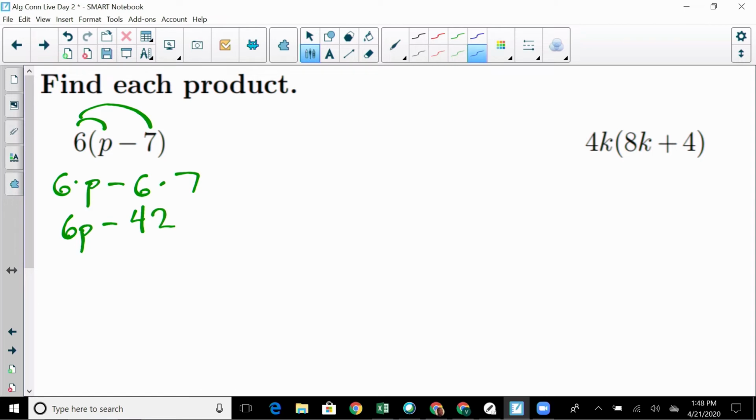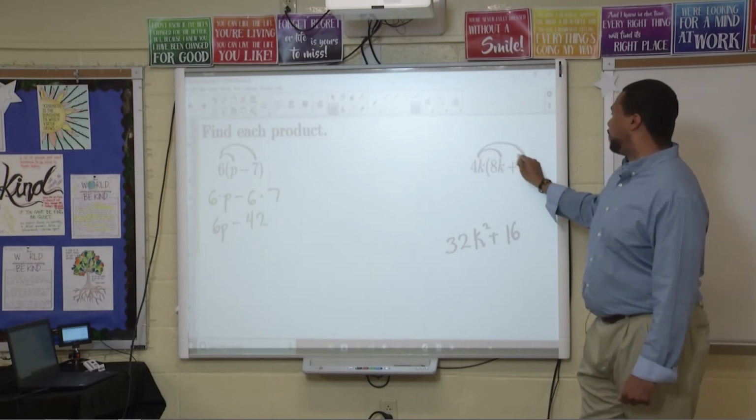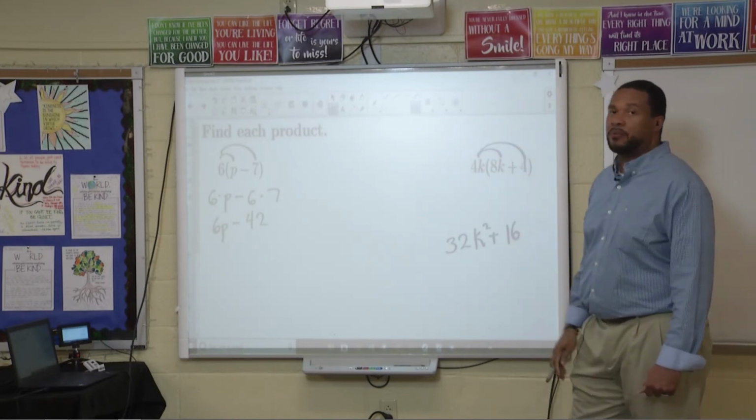So if you come up with 32k to the second power plus 16, then you're exactly right. But that comes about by multiplying 4k times 8k. 4 times 8, 32. K times k: when multiplying similar bases, you add the exponents. This is understood to have 1. This is understood to have 1. 4k times 4, 4 and 4, 16 when multiplied.